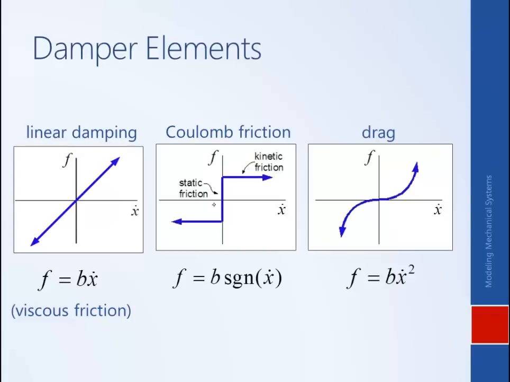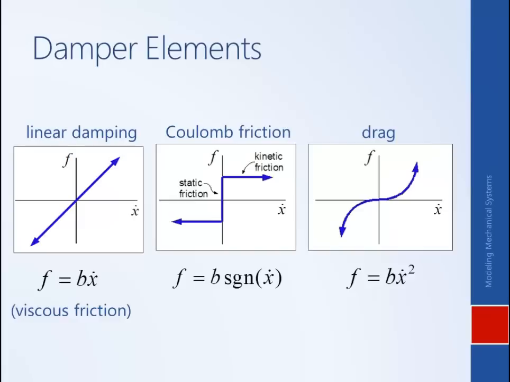Another type of friction model is a Coulomb friction model, where you have this stiction such that when you try and move an object relative to another object or a surface, it's initially going to stick. And so there's force that's being generated without any motion when the velocity is still zero.